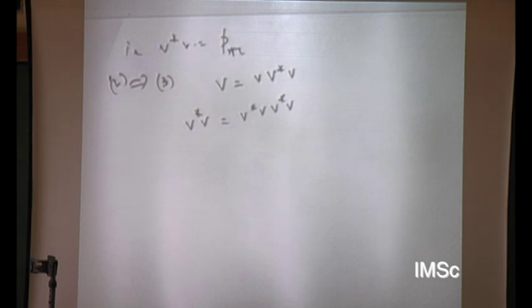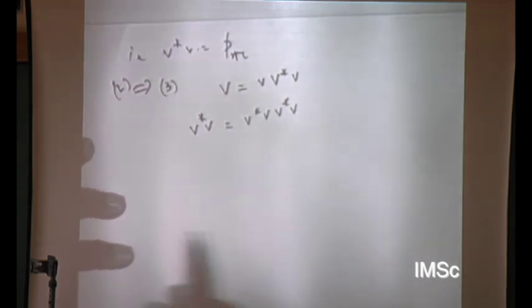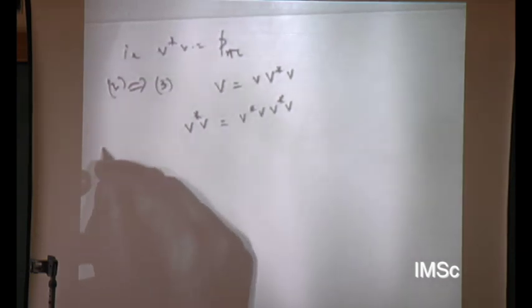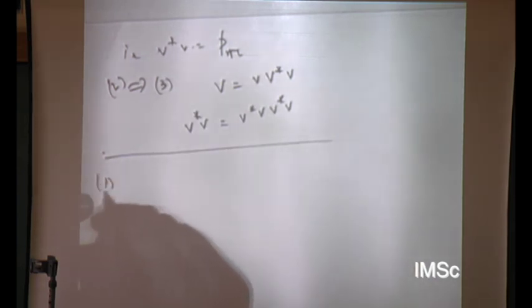I think I should have done it the other way. 1 implies 3 I should have done first. By a similar way, V* is also a projection. We will come to that in a minute, that's why we left a gap there. What I've proved is, I'm being clumsy, I should have proved 1 implies 3 implies 2.